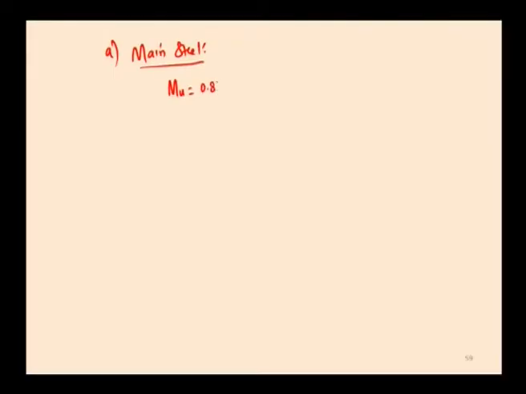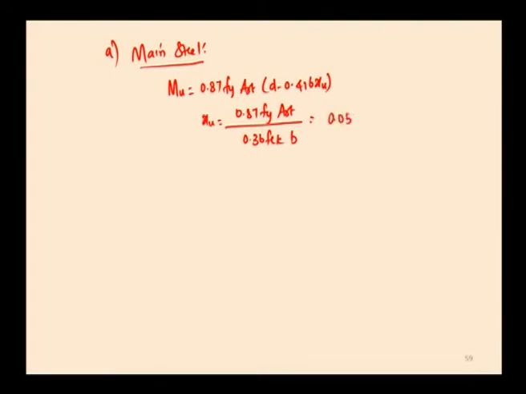So, now I am going to use the formula to find out the AST for a singly reinforced section, that is 0.87 fy AST into d minus 0.416 Xu. In this, Xu is equal to 0.87 fy AST divided by 0.36 FCK B, which is equal to 0.05 AST. By substituting all the parameters, Xu must be equal to 0.05 AST.